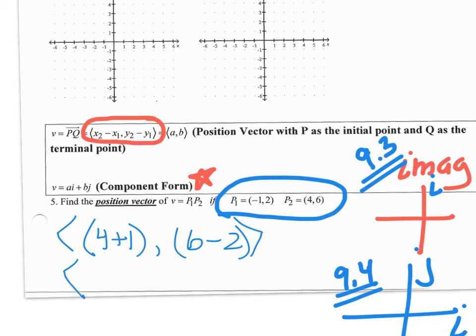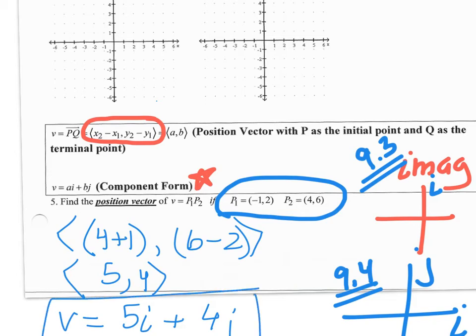So the position vector itself isn't bad. It's 5, 4, right? Now, if I want it in component form, meaning the horizontal component and the vertical component with i's and j's, here's what I would like to see on a quiz. It is 5 in the i, horizontal direction, and 4 in the j. All right, so that's position vector in component form.